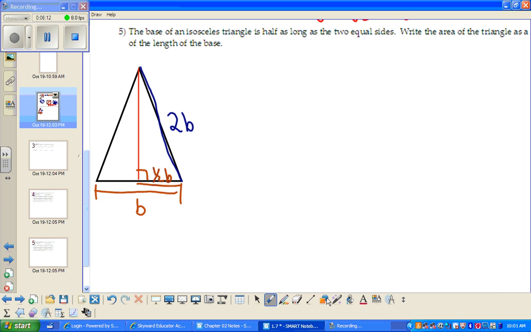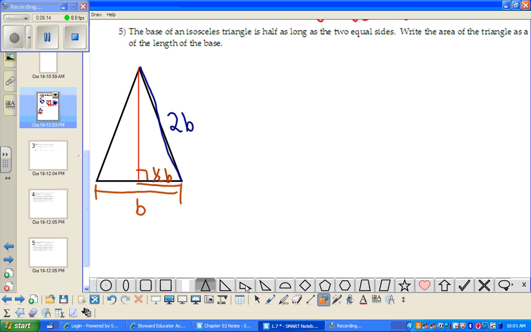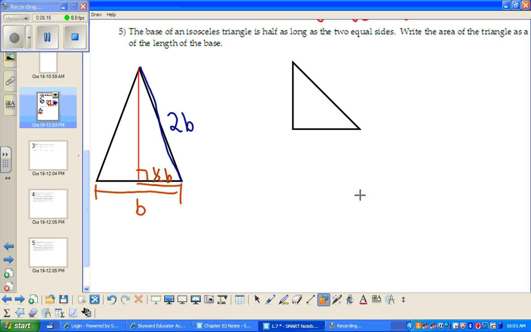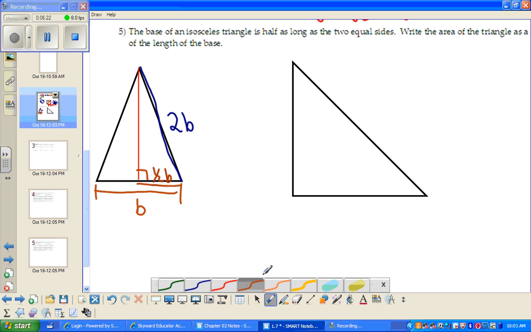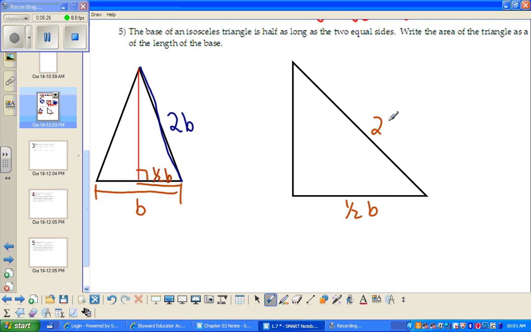Well, now what I have is a right triangle where this is 1/2 B, this is 2B. I need to solve for the height. I can use Pythagorean theorem for this.